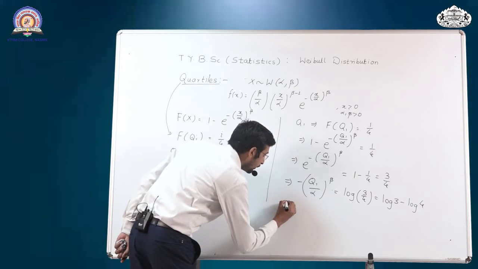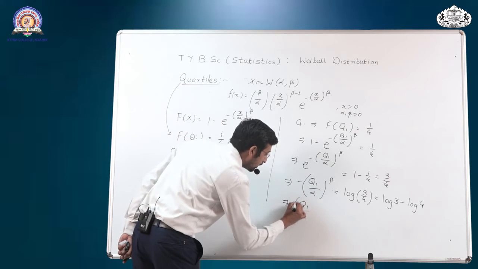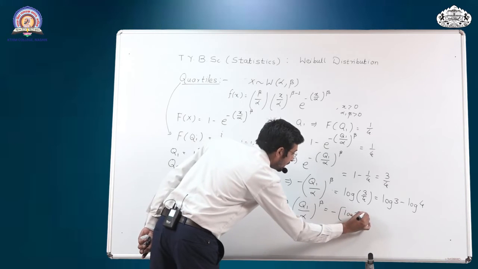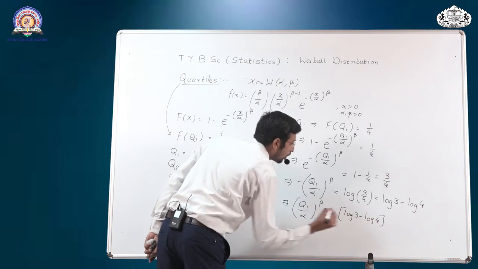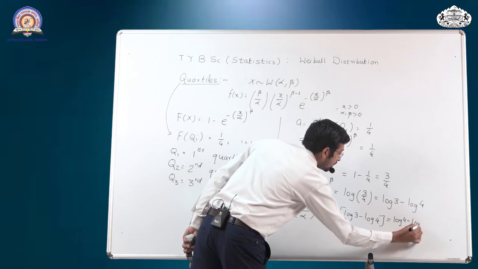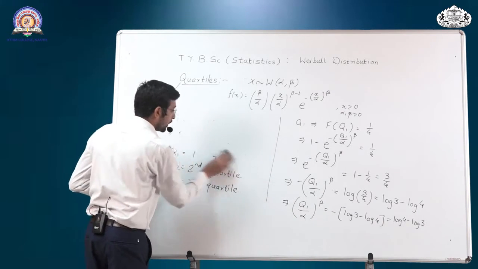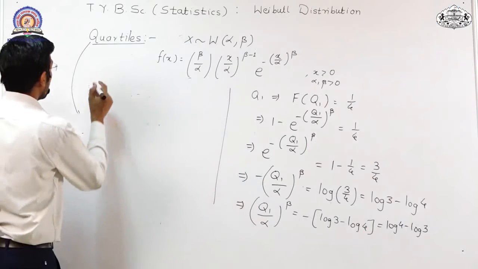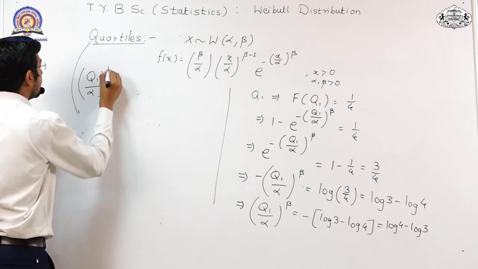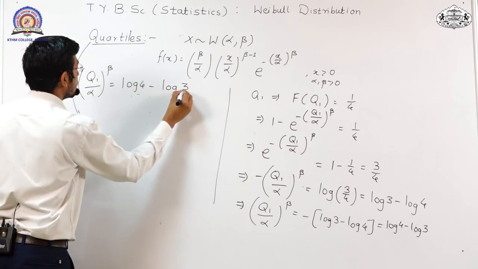So by simplifying it we get (q1 upon alpha) raised to beta equal to minus log 3 plus log 4, or we can write it as log 4 minus log 3. So (q1 upon alpha) raised to beta is equal to log of 4 minus log of 3.